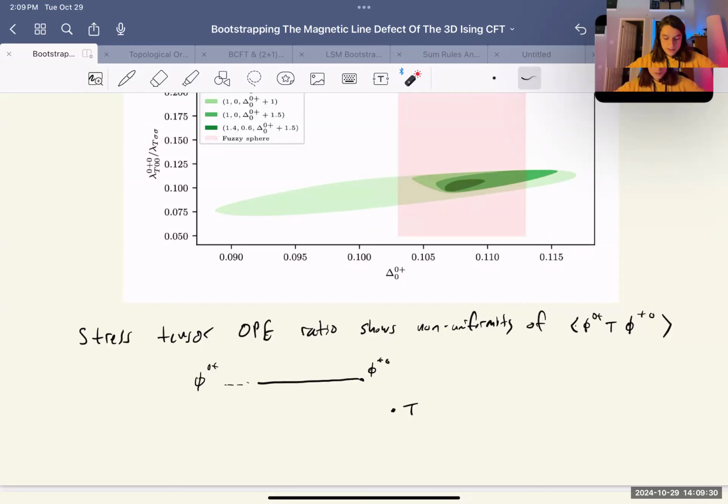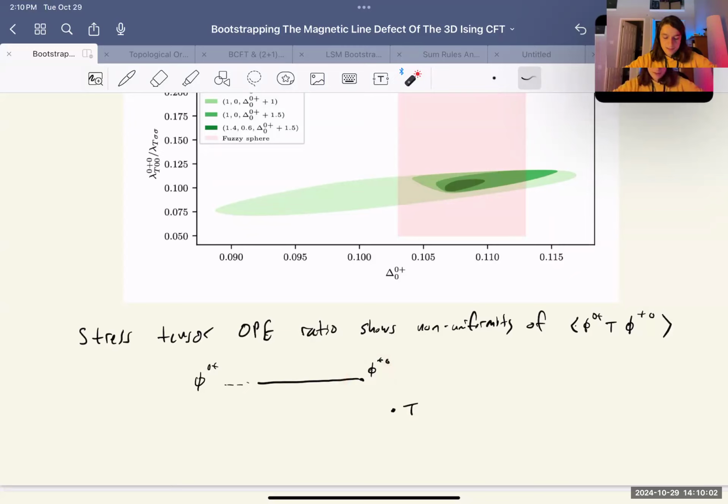But also, when I approach the defect, I generally would expect some divergences to appear as the T approaches this defect, and some part of this divergence would be subtracted off, which doesn't actually contribute to the Ward identity. But in general, I would expect some other contribution occurring from bringing the T near the defect. But in the end, I still have to recover the scaling dimension of phi.